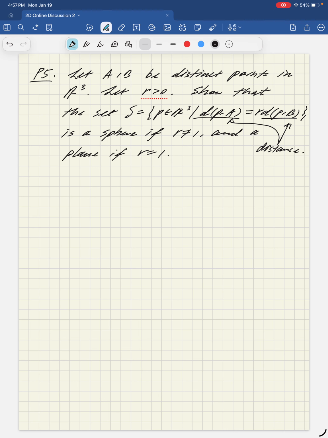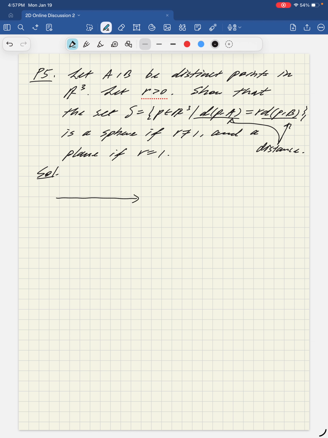So here's an initial observation. Notice that if I have just any 2 points in R3, I can always shift them back onto the x-axis, right?